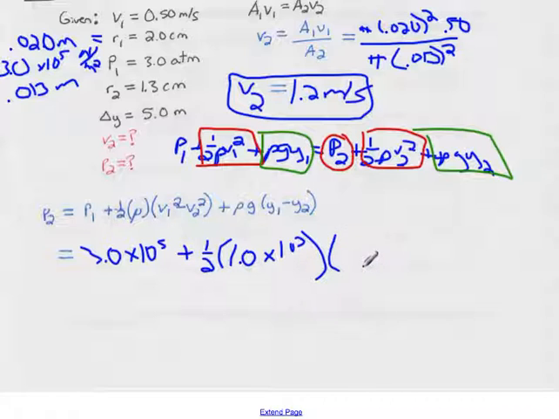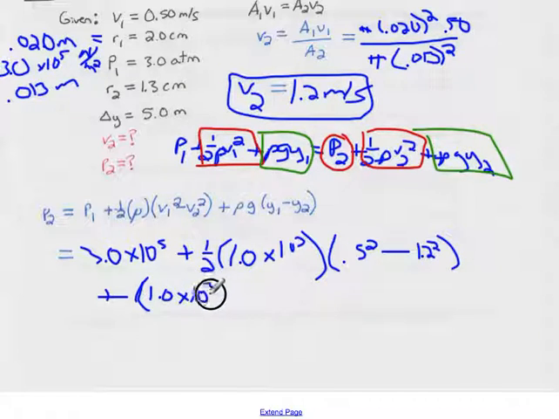And then our velocities, what do we got? We got 0.5 squared, that's 0.25. We could put that minus, what's the second one? Oh yeah, we found it, 1.2 squared. And then finally plus rho again, so we've got 1.0 times 10 to the third, and then the change in height was 5 meters. That should be our answer.